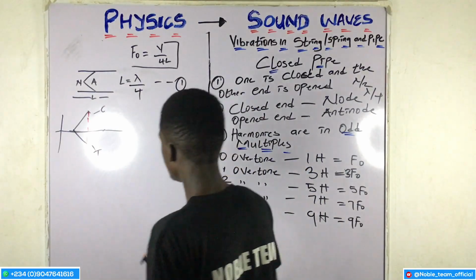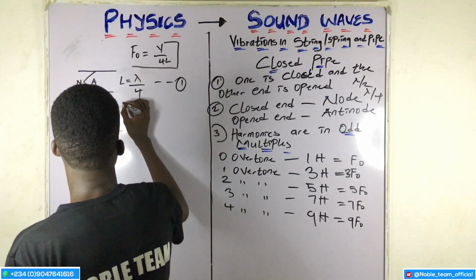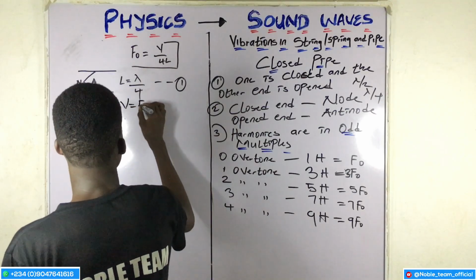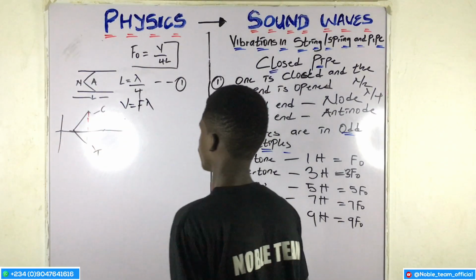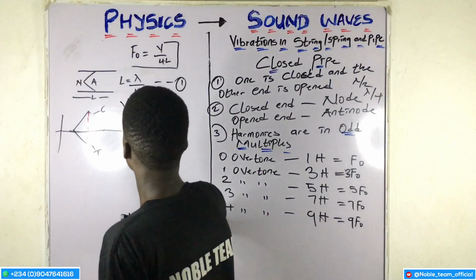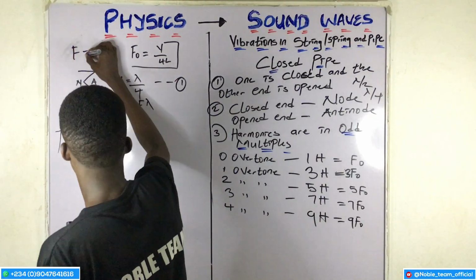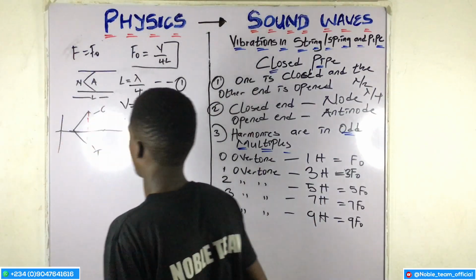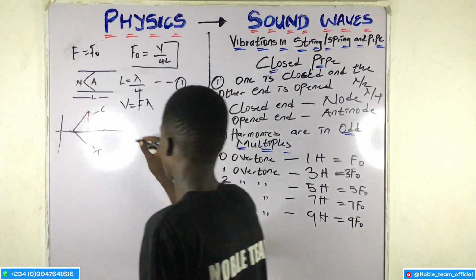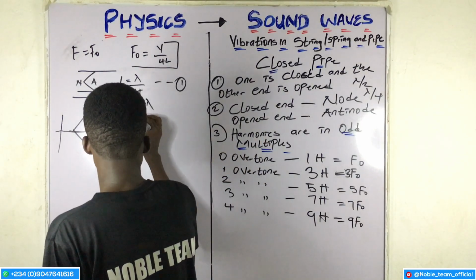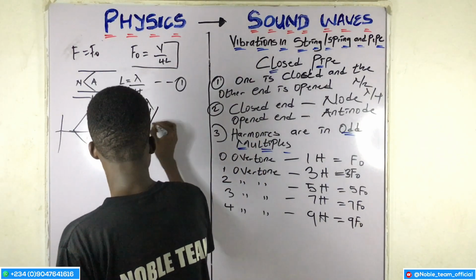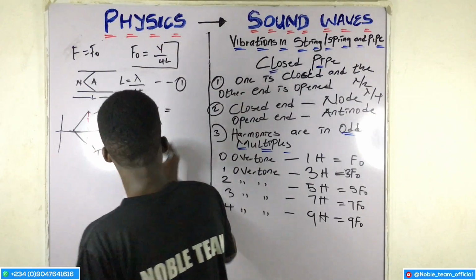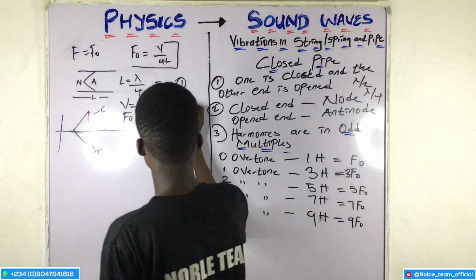Now equation 2, remember we have that V is equal to F lambda. Okay, good. And F is equal to fundamental frequency, but both of them are not the same thing. So I can simply say that F is equal to velocity over lambda.